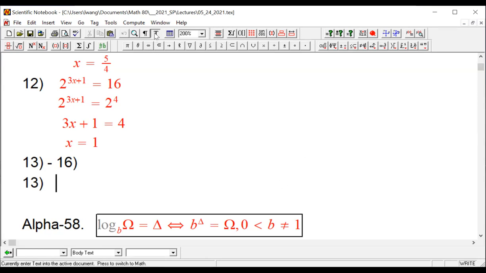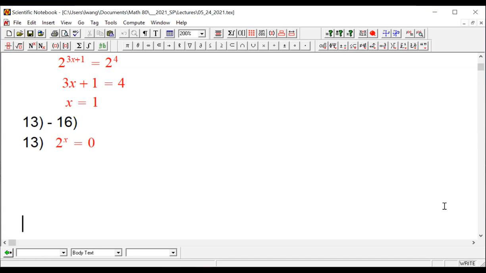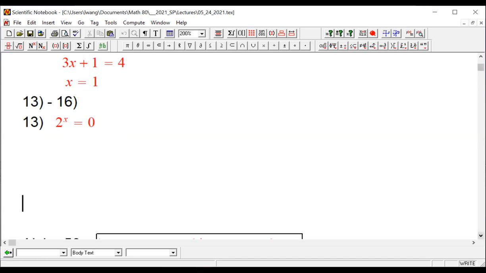13, we have 2 to the power of x is equal to 0. It says if the output of 2 to the power x is 0, what is the input x? What do you do? Can you write 0 as 2 raised to the power of something? You'd be thinking, right?